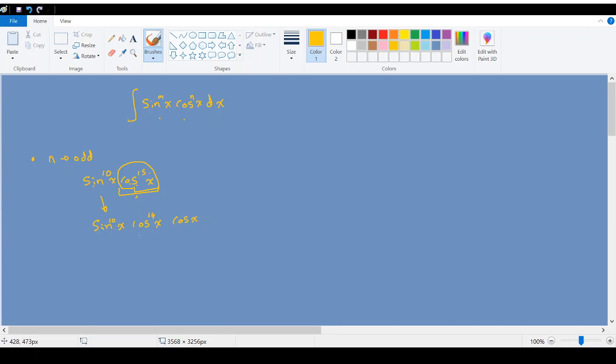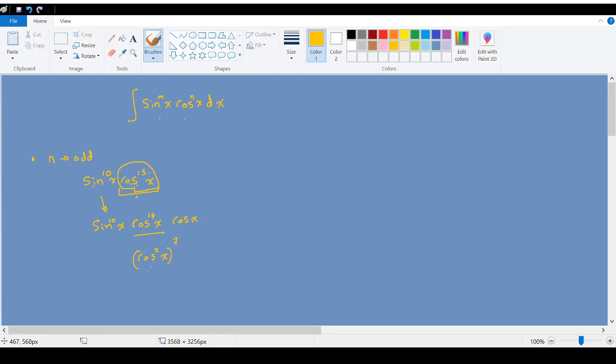we have an even power for the remaining cosine term. Then, as it is an even power, we can write it as cos squared x to the power 7.